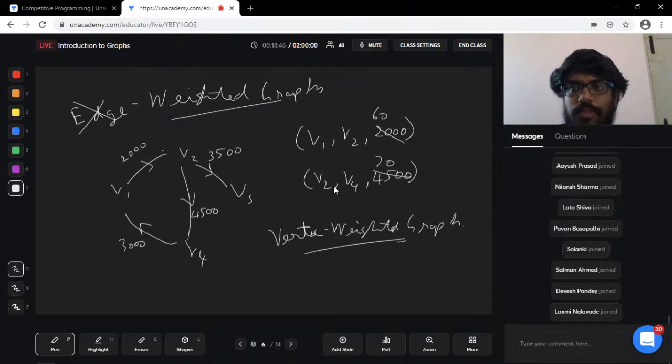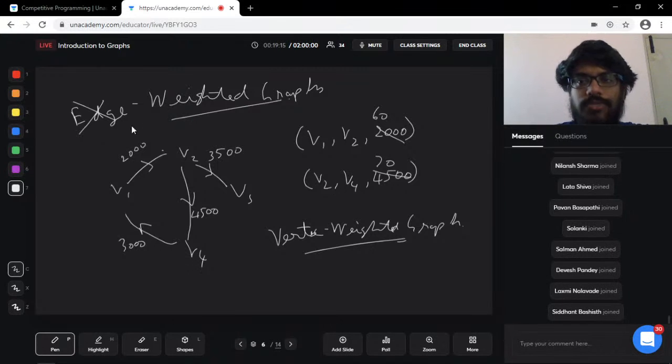You could have a graph in which both the edges and the vertices have weights. That's also totally fine, and those are usually just called weighted graphs. But you'll see later on that these vertex weights can sometimes be considered as weights on edges, and they're kind of equivalent in some sense.